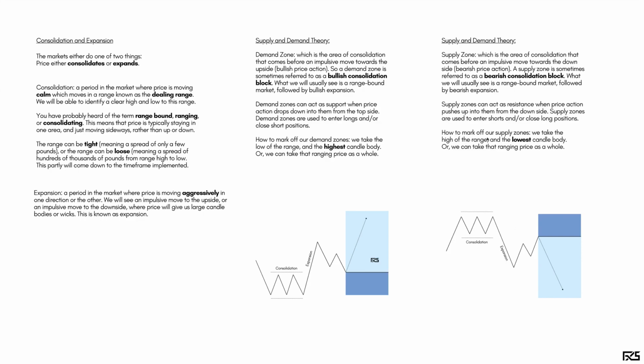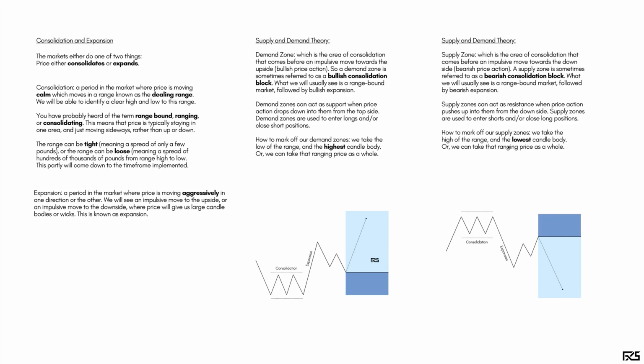So how to mark off supply zones? We take the high of the range, so the highest point, which would be the wick, and the lowest candle body, so not the wicks, the actual body, the lowest part of that range.